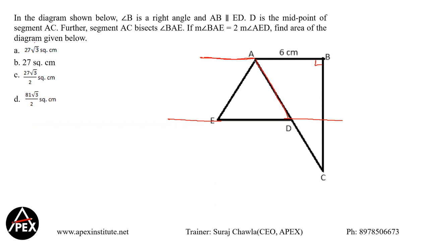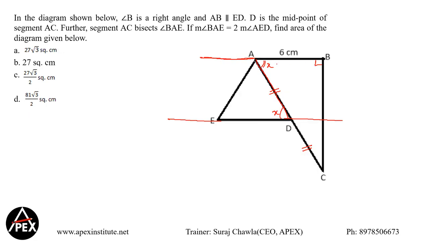Then it says D is the midpoint. So this side is equal to this side. Now understand, if AD is a transversal, can I say these are my alternate angles? So if this angle is equal to x, then this angle is also equal to x. Then it says AC bisects angle BAE.